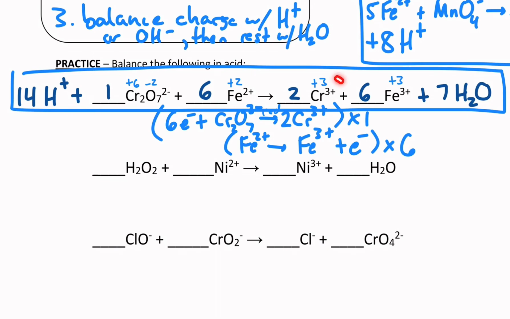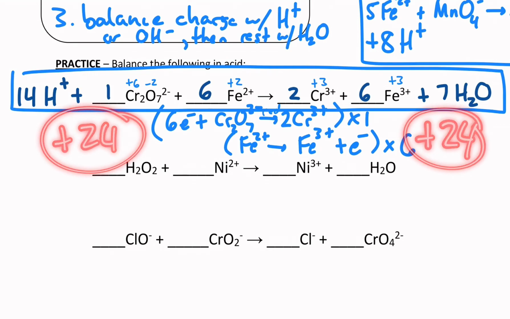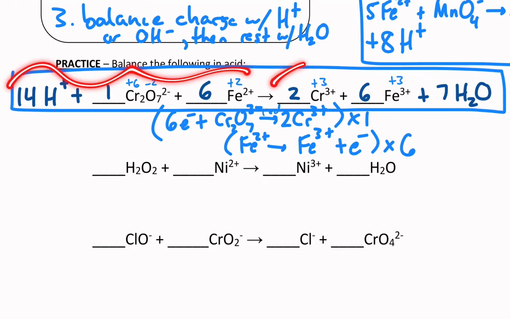The products, we have 6 positive and 18 more. That is also 24 positive. So they're both 24 on each side. The total charge in the reactants is the total charge of the products.